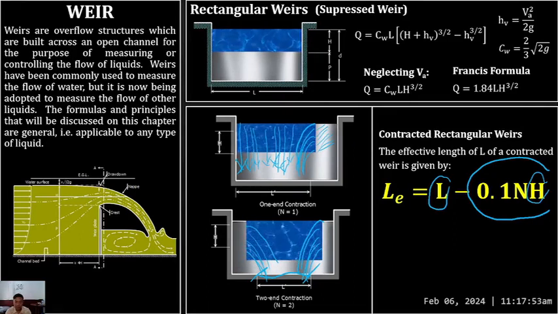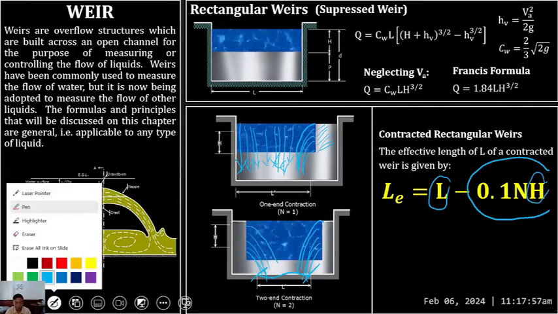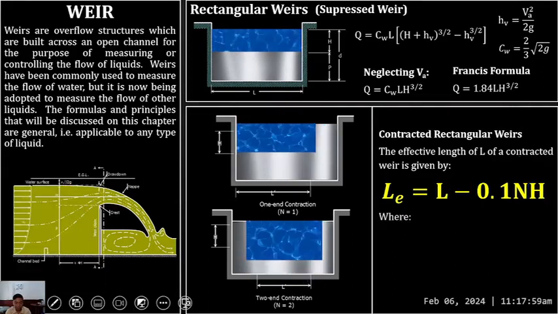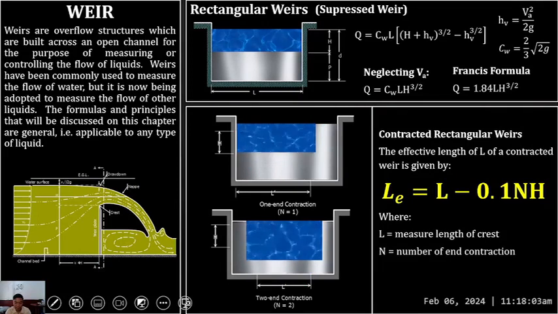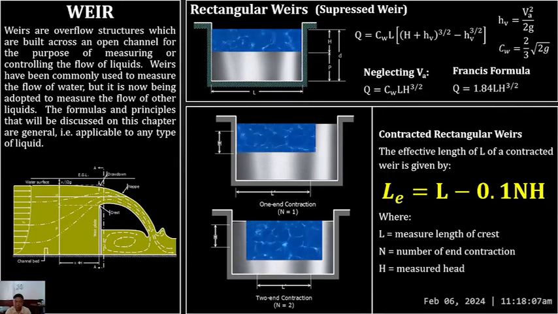Okay? So, L is the measured length of the crest, N is the number of contraction, H is the measured head. You can take a screenshot if you want.